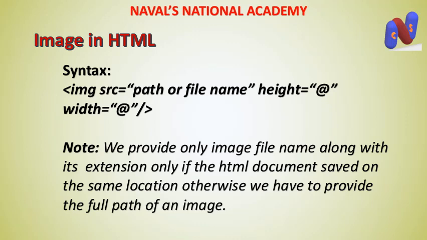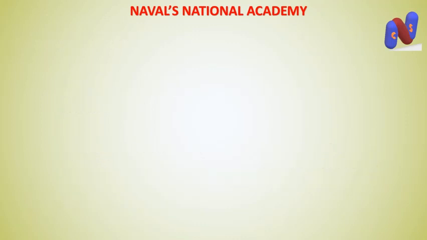But if you have saved your HTML document in D drive, and you are going to insert an image saved in E drive, at that time you have to provide the full path of the image.